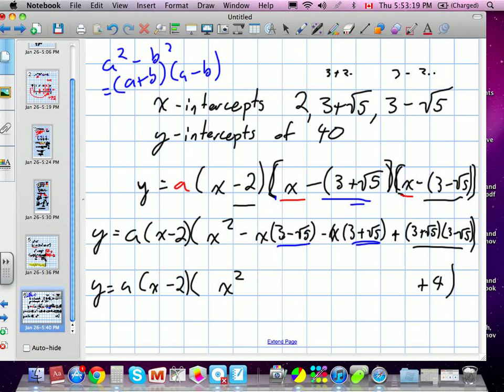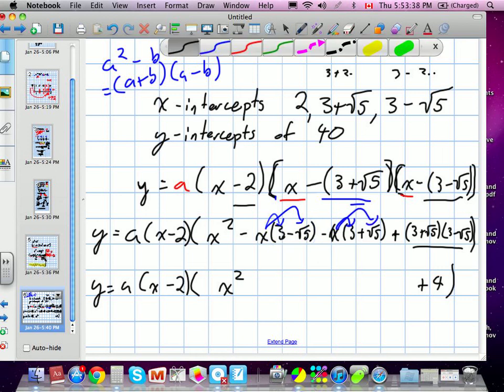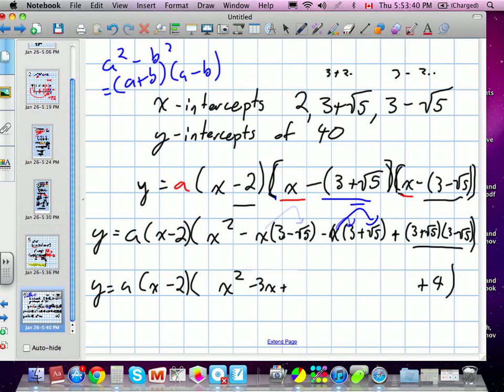Well, no, if we evaluate just this number and this number, they don't evaluate to the same number. Okay? So what I'm going to do is I'm going to distribute in here to make sure if we can cancel anything else out. So I'm going to get negative 3x plus root 5, negative 3x minus root 5 plus 4.